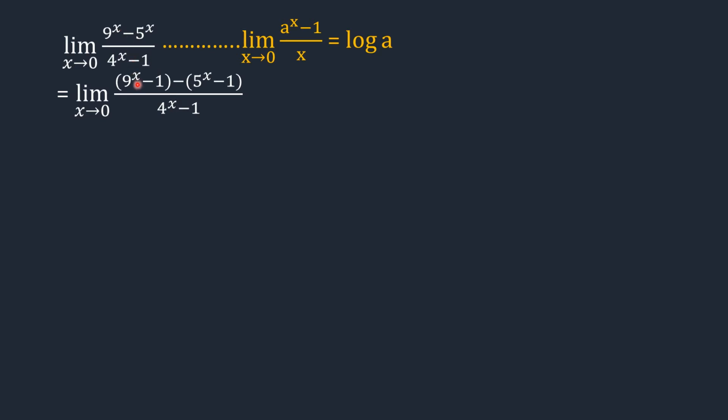Now, there are two terms in the numerator and one term in the denominator which are in this form, and we need x below each of these terms. Therefore, we will divide numerator and denominator by x and show that in the next step.